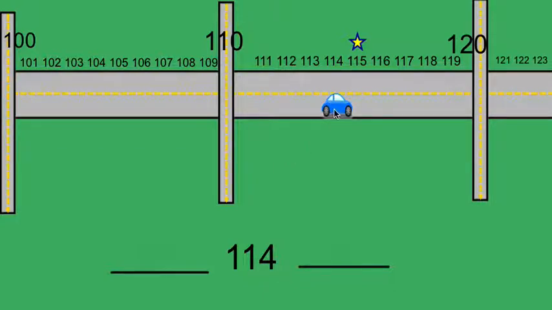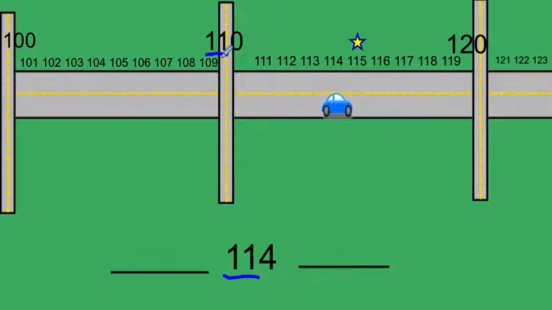So on the rounding roadway, if you are at mile 114, you need to round to the nearest 10. So on our number line, or our road, that would be between 110 and 120. So when we look at this, we can think of 114 as having 11 tens, if that helps you. And that could go right there.